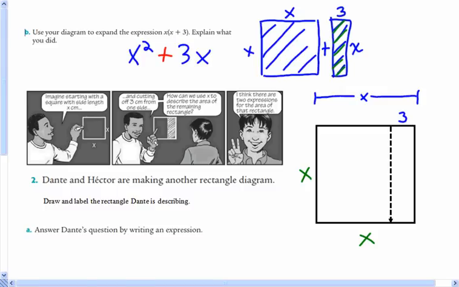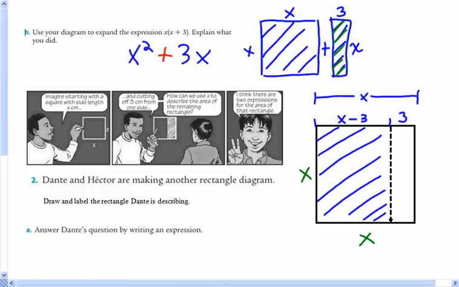We know we took out 3 here, so this little piece from here to here is x minus 3. The area of the part that we're left with, which I'll shade here, is the length times the width. The length is x minus 3, and the width is x, so we can write that area as x times the quantity x minus 3.